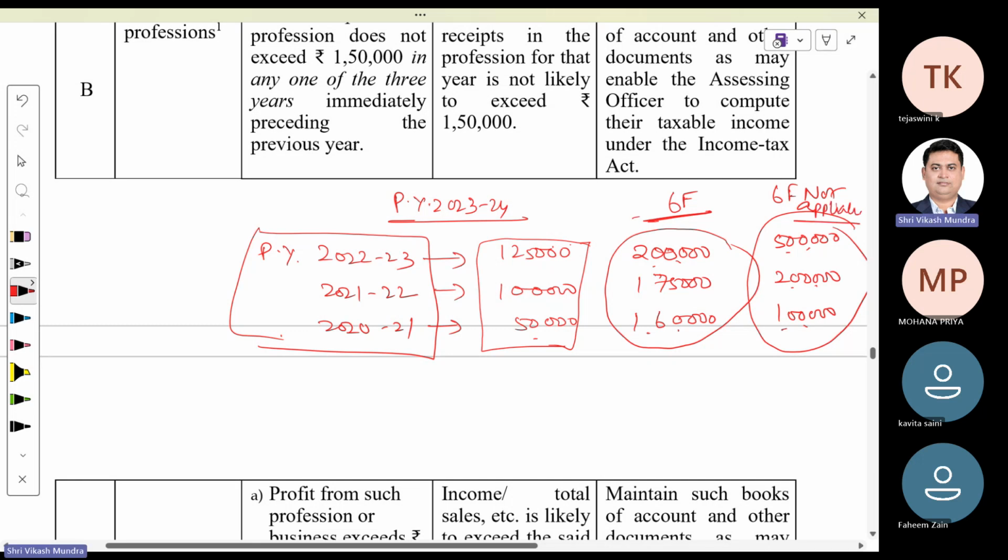That means Rule 6F in case of a specified profession is applicable only if gross receipt from this profession exceeds 1 lakh 50,000 in each of the last 3 preceding years. Then I am supposed to maintain those books of accounts which are prescribed under Rule 6F.